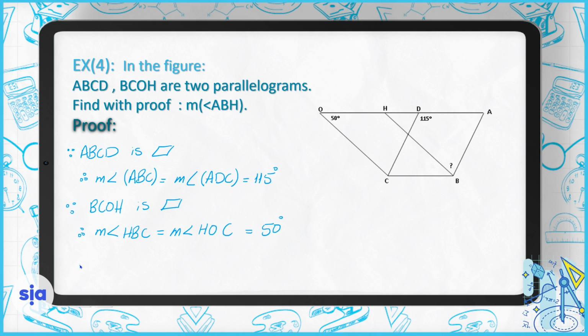Therefore, the measure of angle ABH is 115 minus 50, which is 65 degrees. And this is what the question wants me to find.